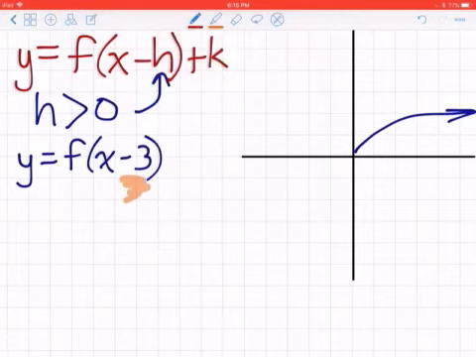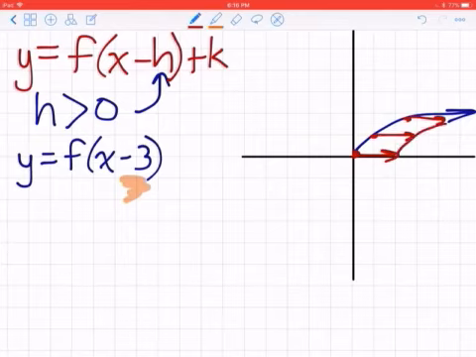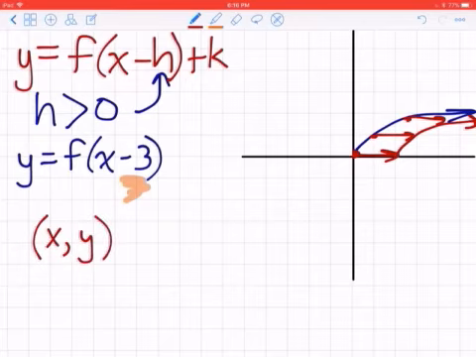Okay? Now what that means is that every single point on this graph over here, wherever we are, is going to move 3 units to the right. So however many units that is, we're going to move that over, and we end up getting new points here, and we graph that. So really what we can say then is for our function mapping, like we showed in the first video, is that the point xy, in this case, notice nothing changes to the y coordinates, but something changes to the x coordinates.